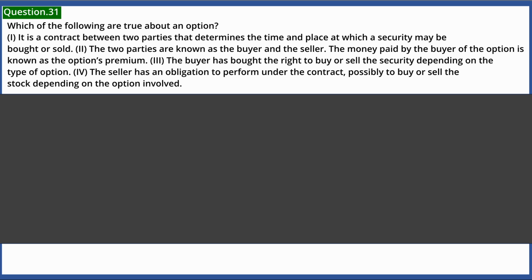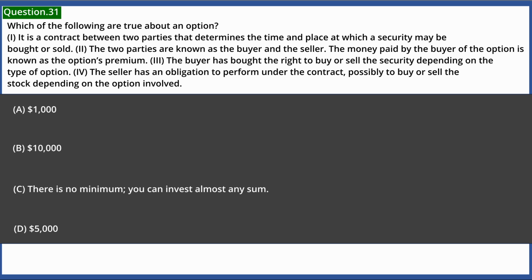The seller has an obligation to perform under the contract, possibly to buy or sell the stock depending on the option involved. A. 1, 3, and 4. B. 1, 2, 3, and 4. C. 1, 2, and 3. D. 2, 3, and 4. Answer D. 2, 3, and 4.